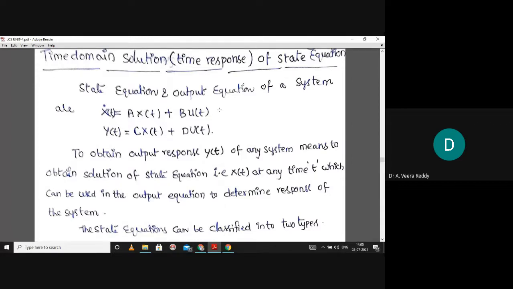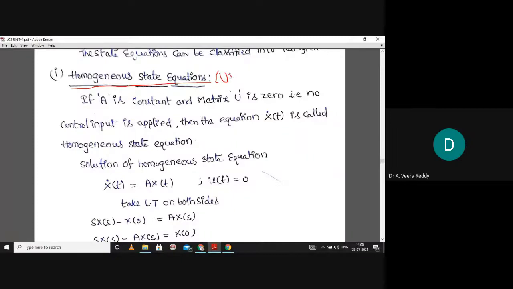Here, the state equations can be classified into two types. One is the homogeneous state equation, or we can call it an unforced system. Somebody may give you the unforced system in the exam. You can remember this one.